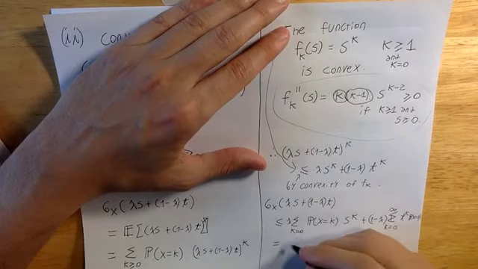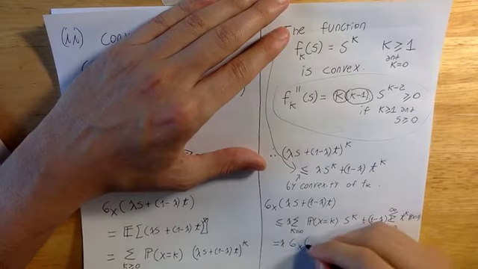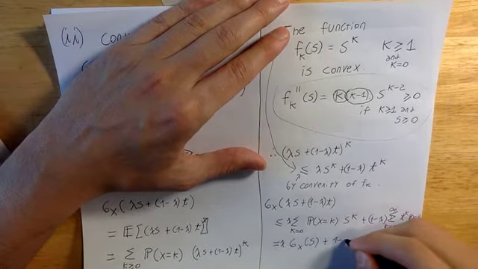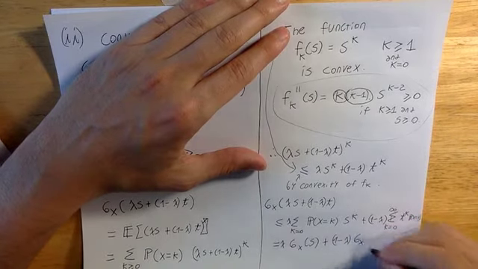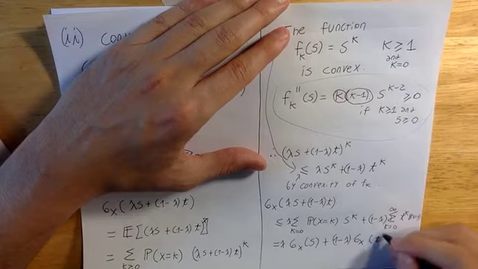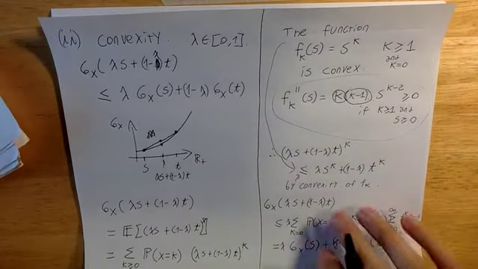And this is just lambda times the generating function at s plus (1 minus lambda) times the generating function at t. Okay, and that's part 2.